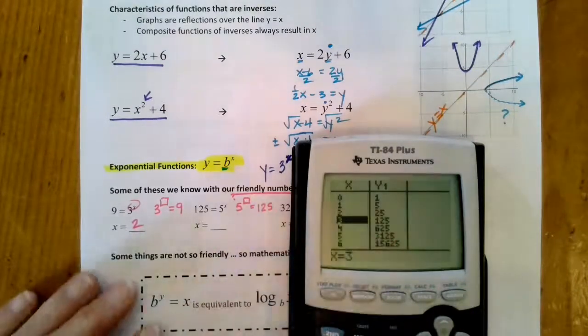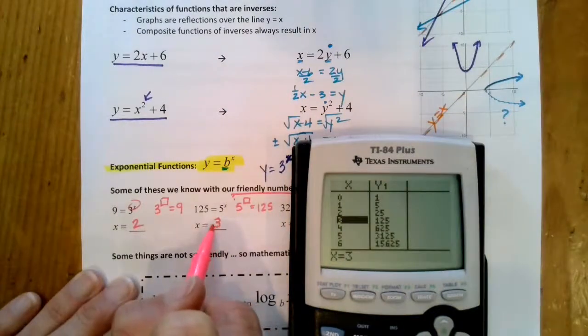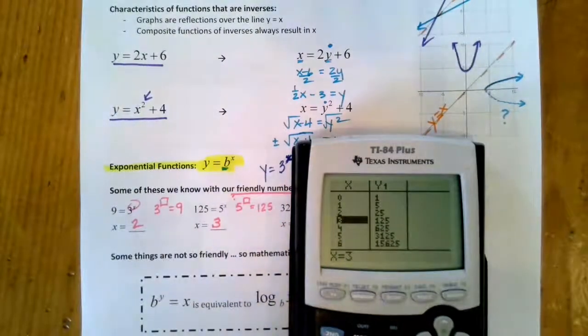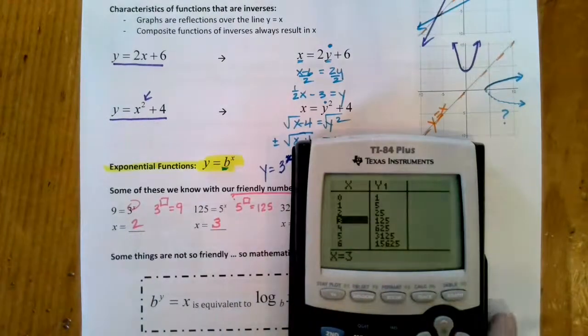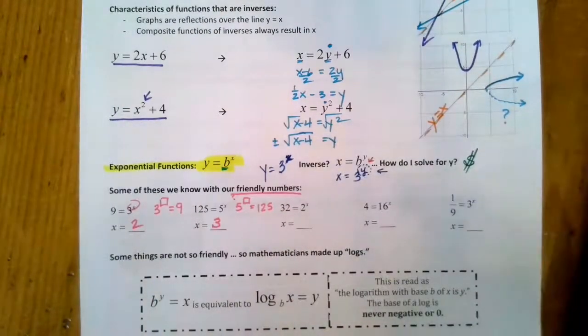I see that. So when x is equal to 3, that's 5 to the third power. So our calculator can help us when the numbers are friendly. And remember, that's a big when the numbers are friendly, because they're not always.